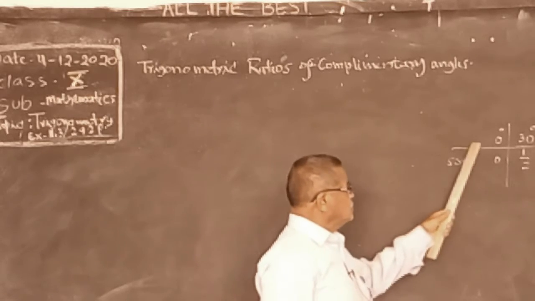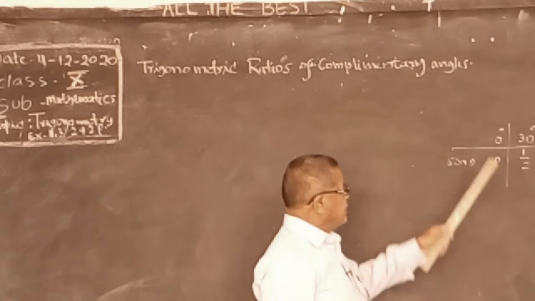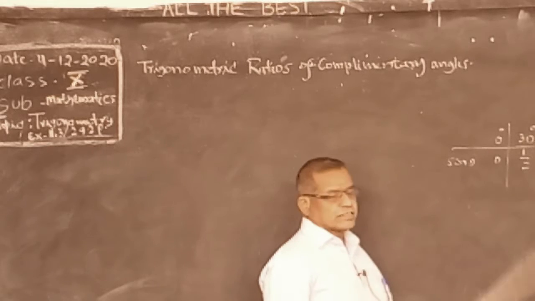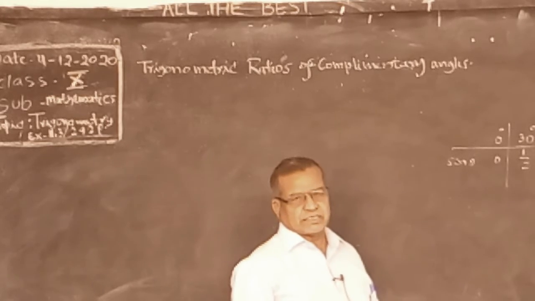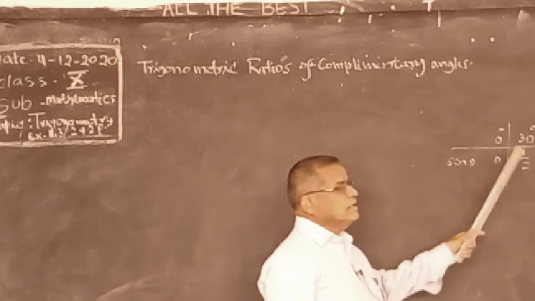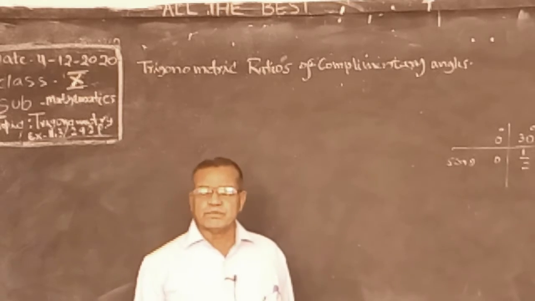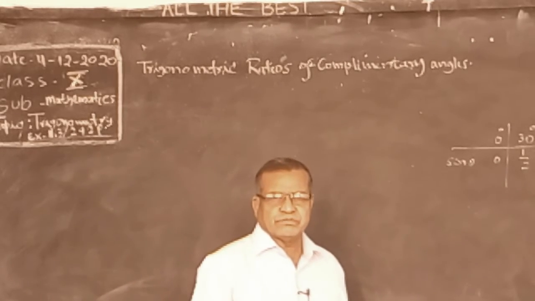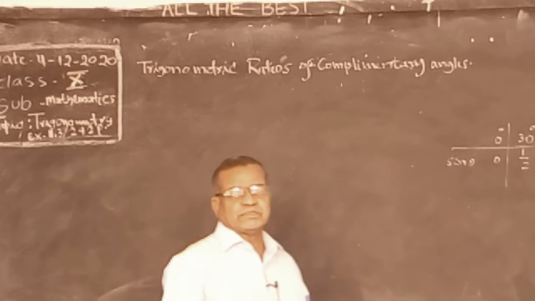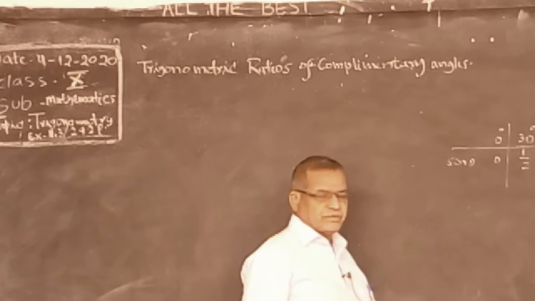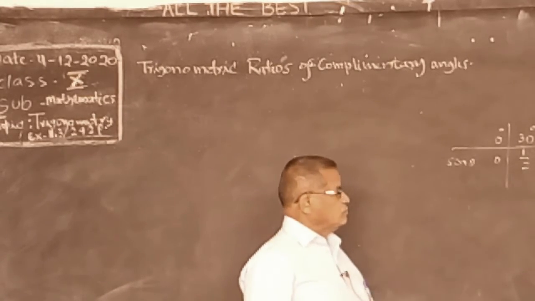And for 0 to 30, we can find the sin 20 degrees also, sin 10 degrees also, but they are difficult to remember. They have decimal values between 0 and 1 by 2.